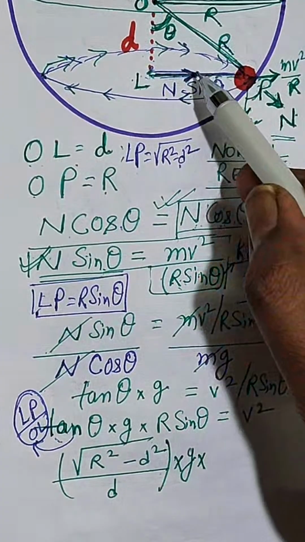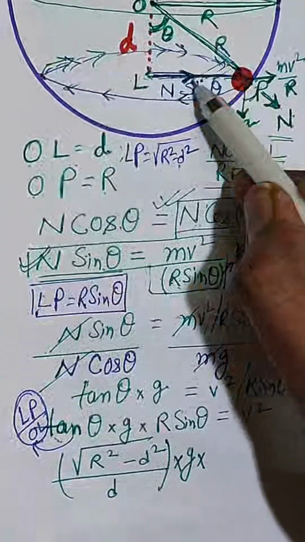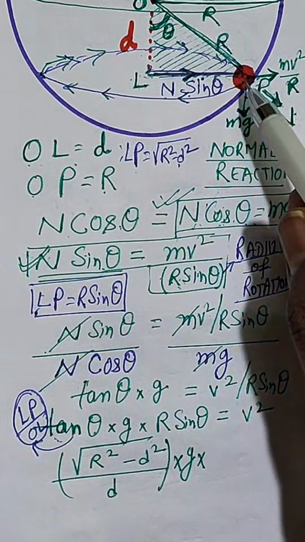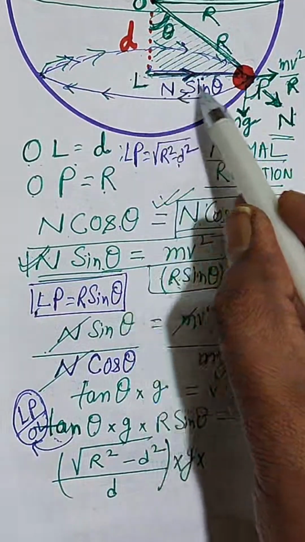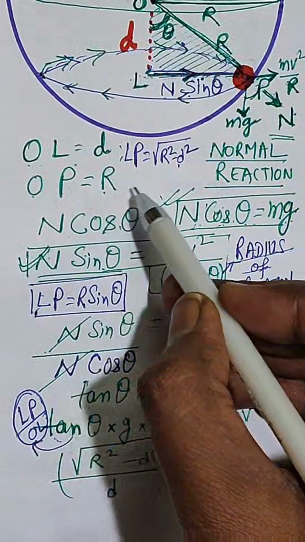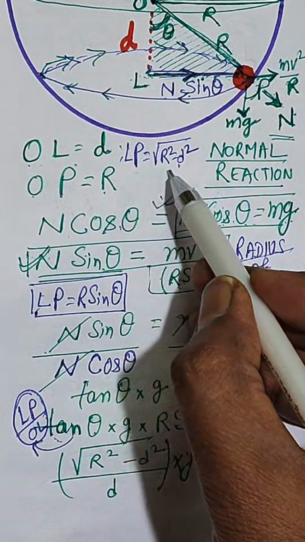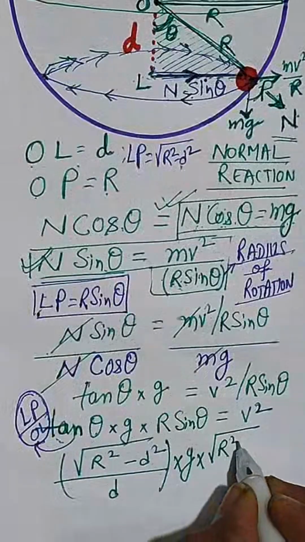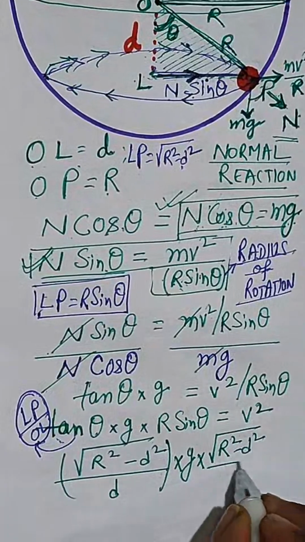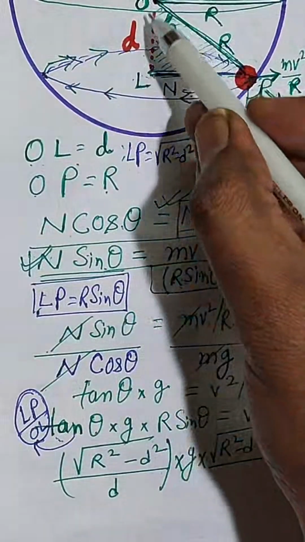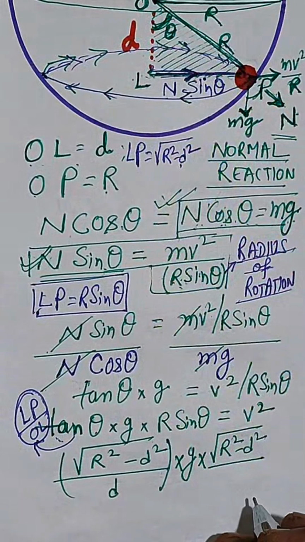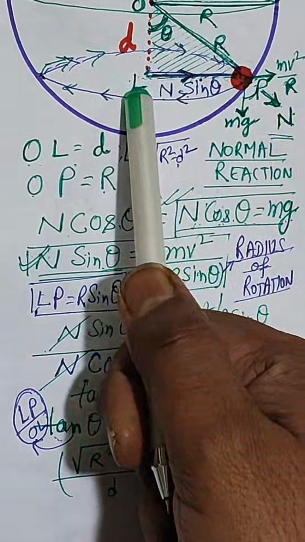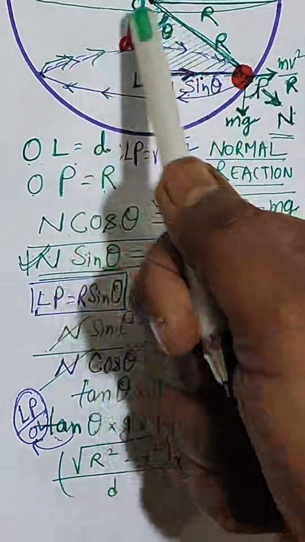What is the value of sin theta from this triangle? Just refer to this triangle. Sin theta is PL by OP, and LP is this one, so just write root over r square minus d square divided by OP.